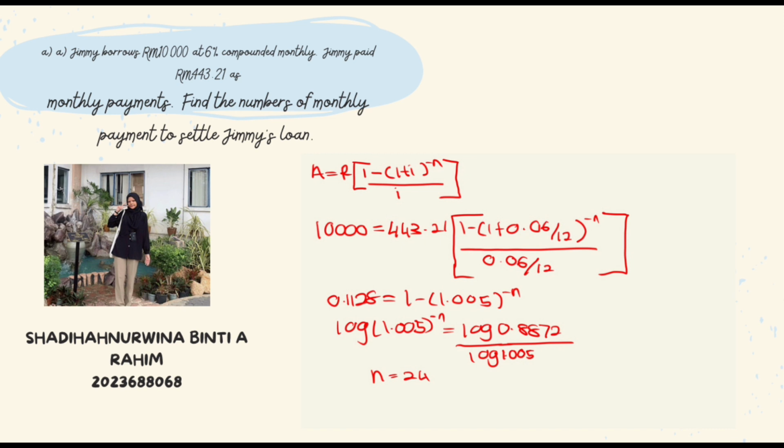And then we will take the log: log of 1.005^(-n) equals log of 0.8872, and n will be log 0.8872 divided by log 1.005. The last step gives n equal to 24.